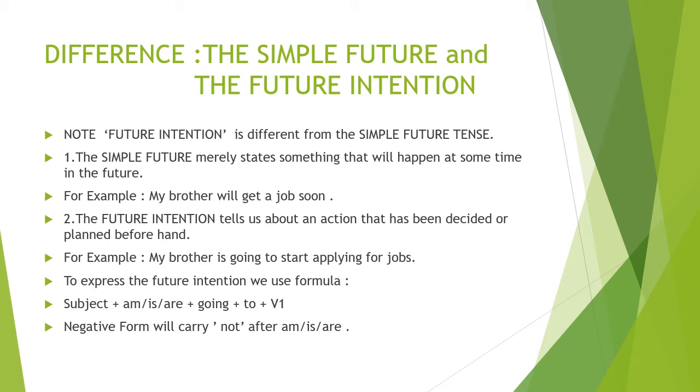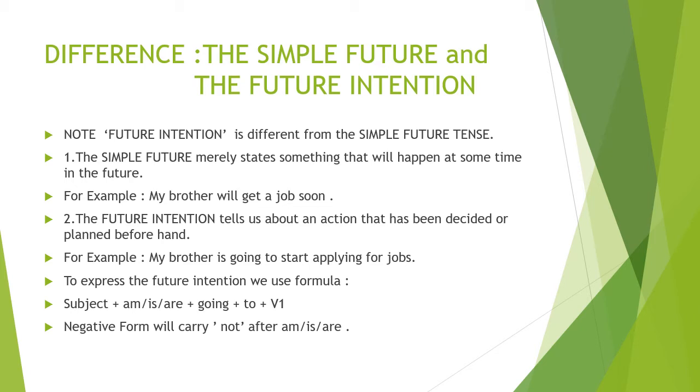How? Let us see. The simple future merely states something that will happen at some time in the future. See the example here: my brother will get a job soon. It means after some time, for the particular one, it will happen.